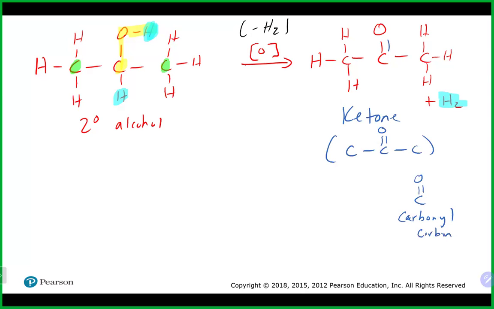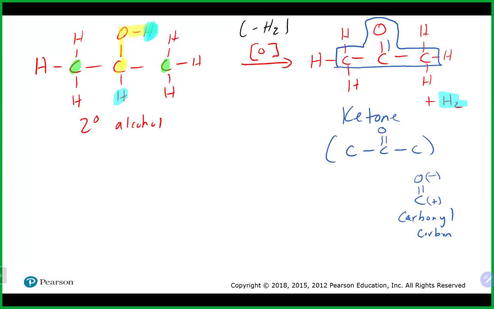And it is actually a polar group. The oxygen is more negative and the carbon is more positive in that bond. But that is always what we make here. So that is a ketone, and that is the functional group right about here. If you look at it, 3 carbons in a row and a double bonded oxygen in the middle of those 3 carbons.